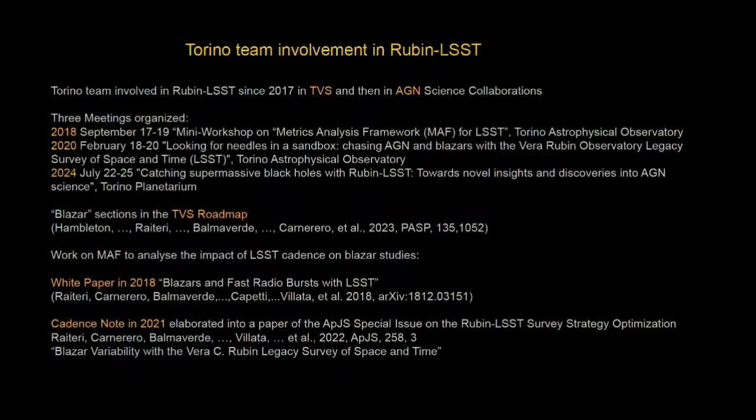And as Neil kindly mentioned on the first day, we submitted a white paper in 2018 and a cadence note in 2021, which later became a paper published in a special issue of the EPJ Supplement dedicated to survey strategy optimization.